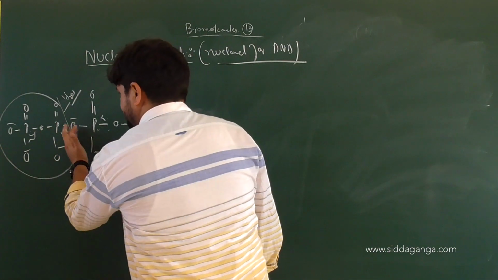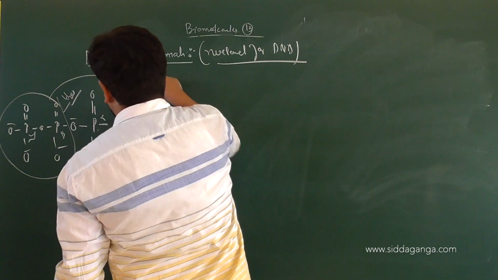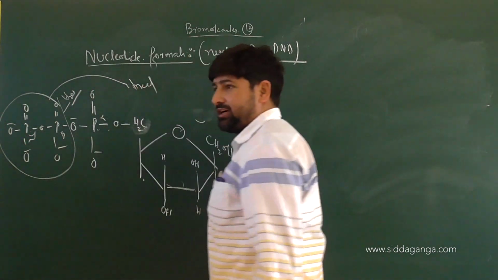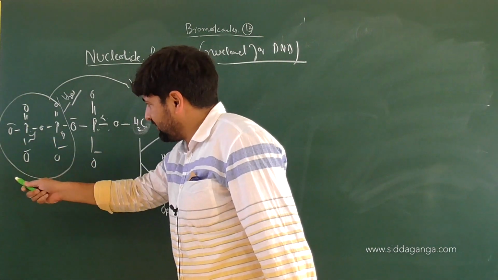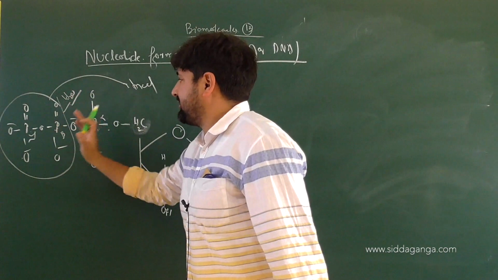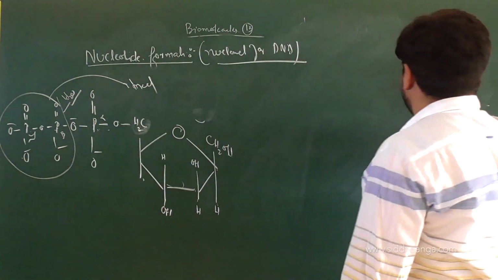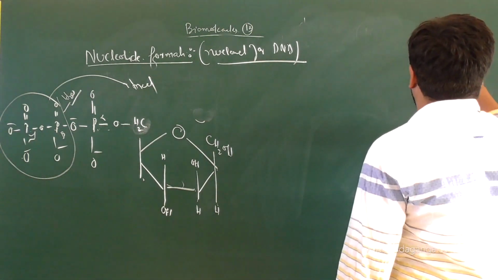But once it is found in the medium, naturally it will be in dissociated form because this is an acid. So it will be O minus, O minus, O. That's why we write this group which has been separated out from the ATP molecule as PPi, inorganic pyrophosphate, which is converted to 2 Pi.